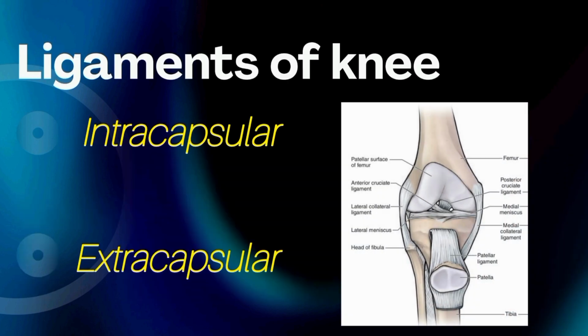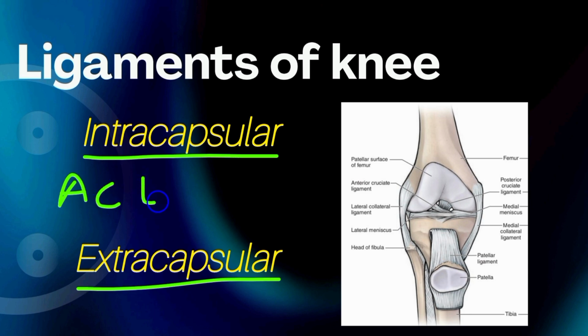Ligaments of the knee. The stability of the knee is mainly provided by these ligaments. There are two categories of ligaments: first is intracapsular and second is extracapsular. The intracapsular ligaments include the ACL, that is the anterior cruciate ligament, which prevents the anterior displacement of the tibia, and second is the posterior cruciate ligament, which prevents the posterior displacement.